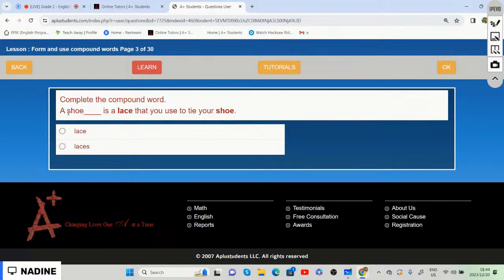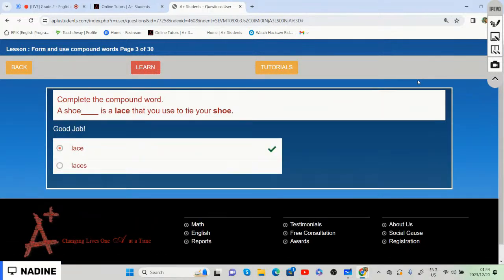So we can basically say a shoelace. So we choose the word lace, is a lace that you use to tie your shoes. So lace.